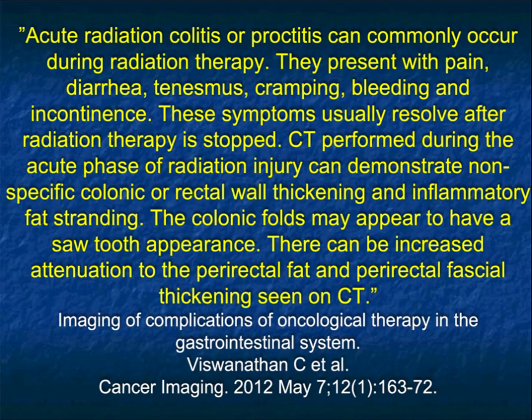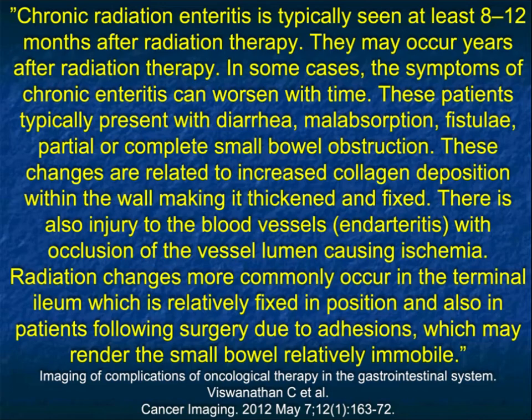And again, you want to make certain that you suggest that, because often the requisition is not going to say question radiation enteritis. It's going to say abdominal pain or acute abdomen. No one's going to think about that. We also have what's called chronic radiation enteritis, which is seen usually at least 8 to 12 months after radiation therapy. It could occur even years after radiation therapy.